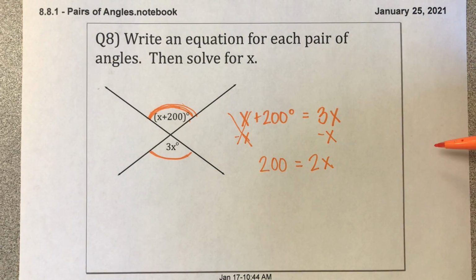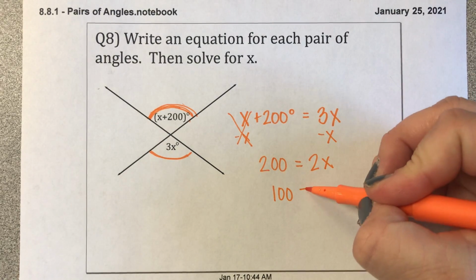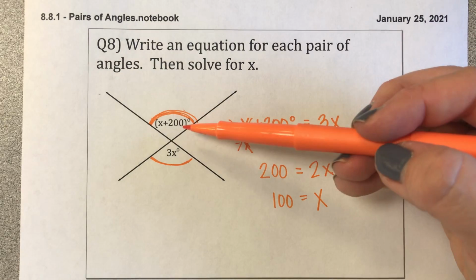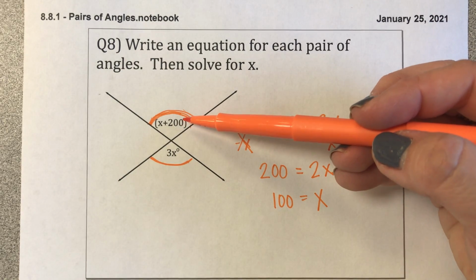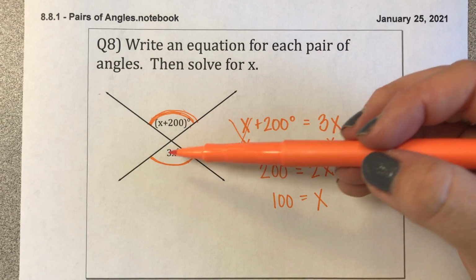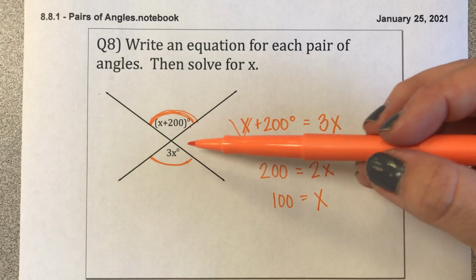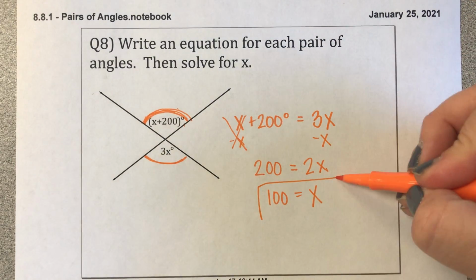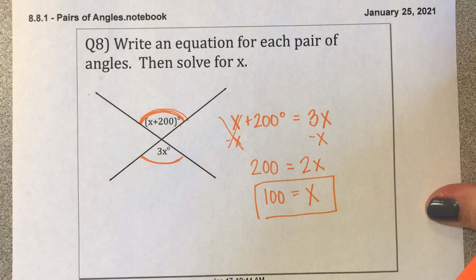If I divide both sides by 2, what would I get? 100 equals x. I should have made this 20, not 200, because there's no way this could be a 300-degree angle. But for intents and purposes of solving the equation, we solved it for x.